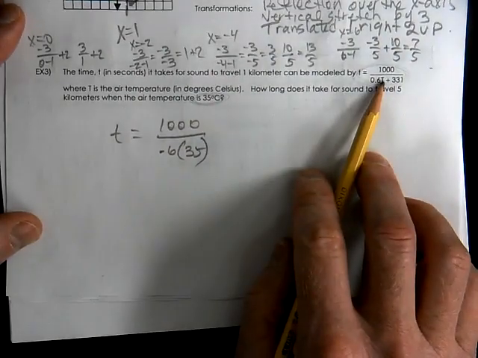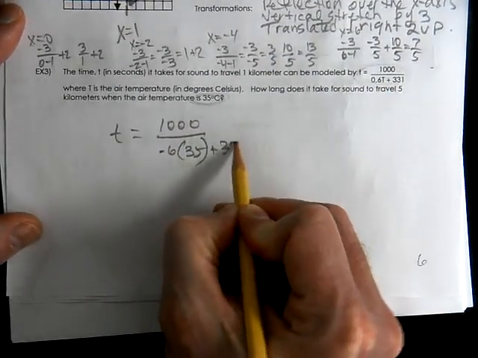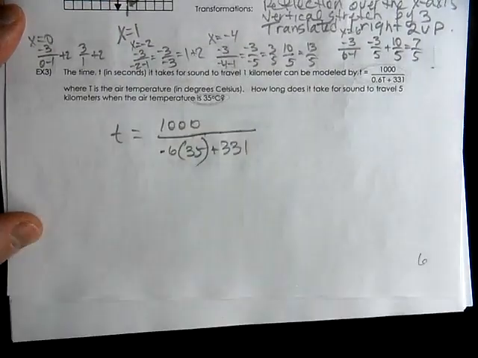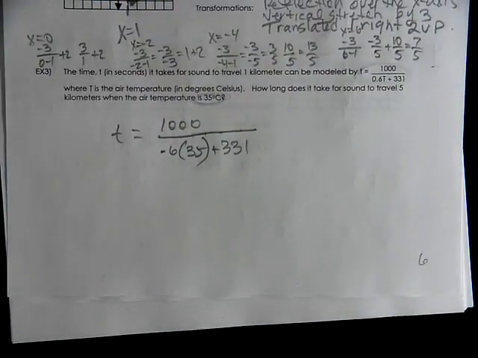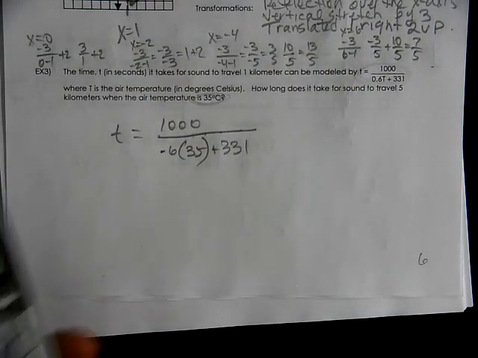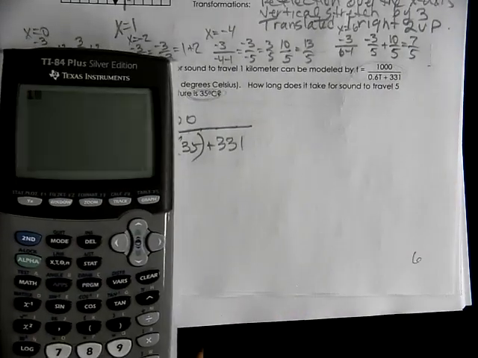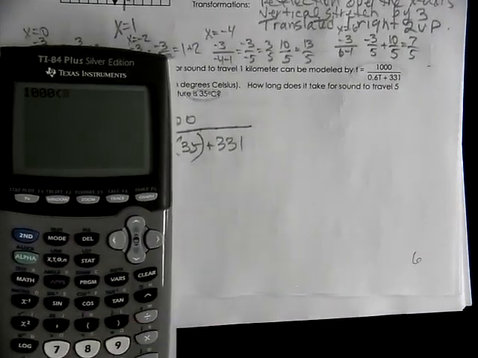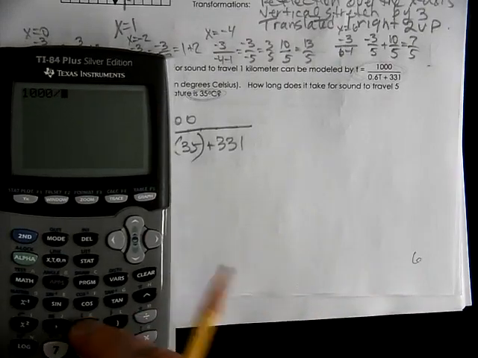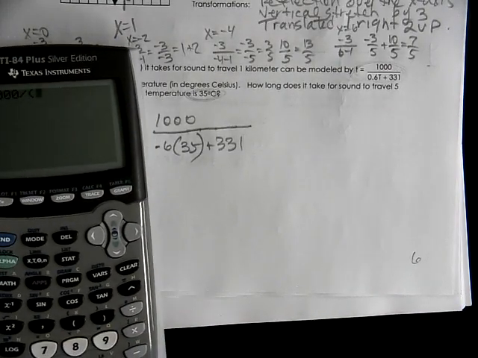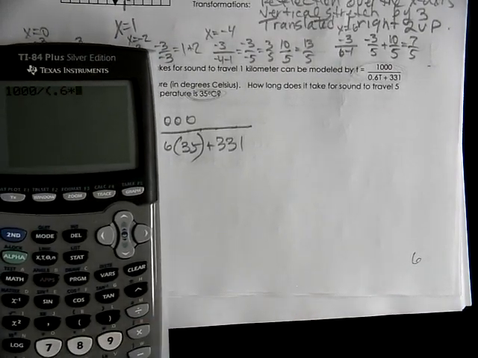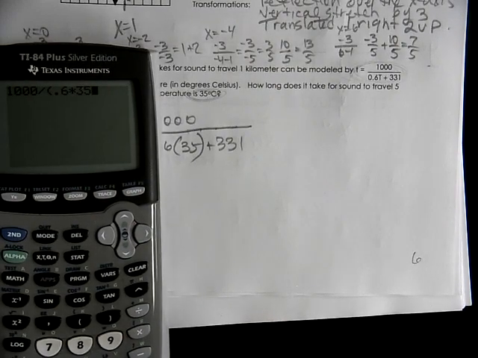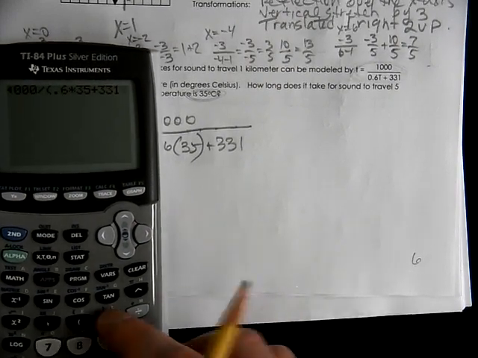Well, the time that it takes at a temperature of 35, we have 1,000 divided by 0.6 times 35, then we're adding our 331.